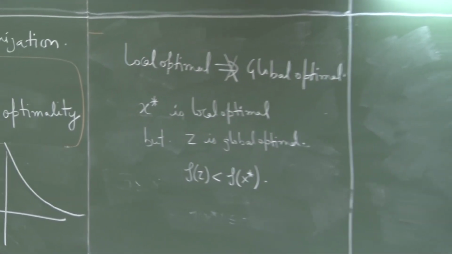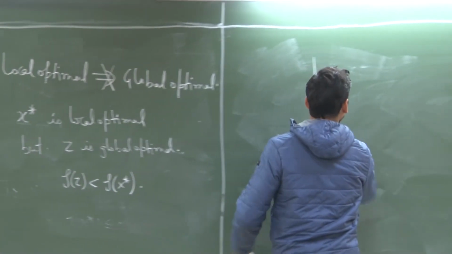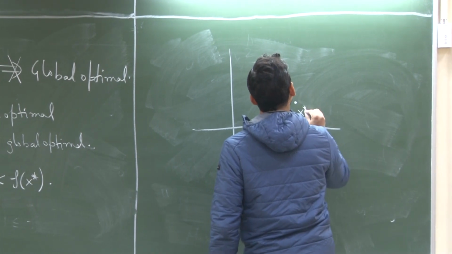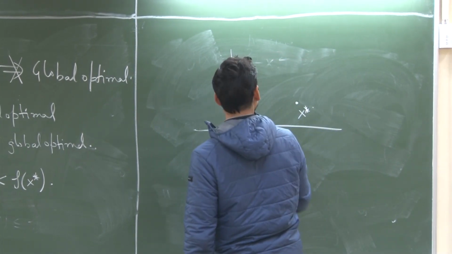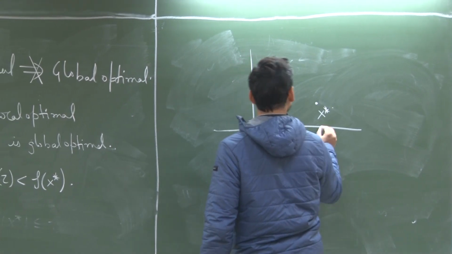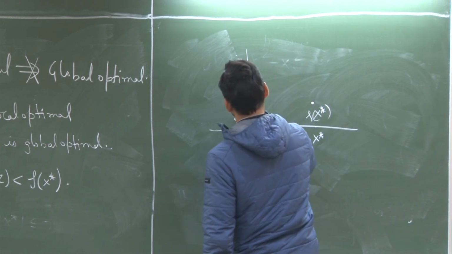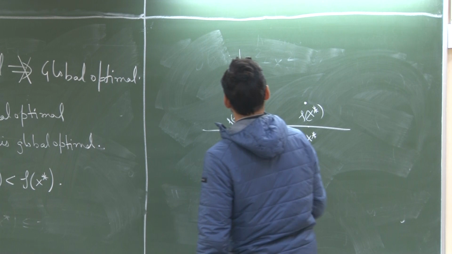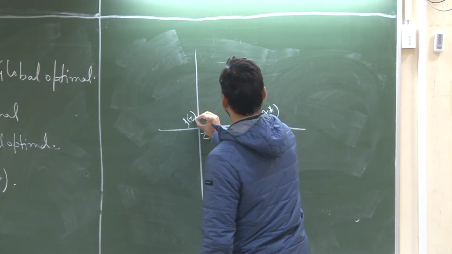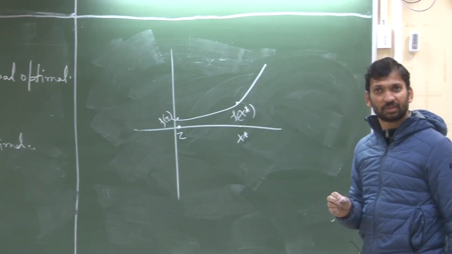This is the region. So let's look at it. I think 2 dimensions are good enough to give you the intuition. Let's say this is x star, f x star, and somewhere there is a point z. So let's say this is f of z also. So my curve lies somewhere like this.